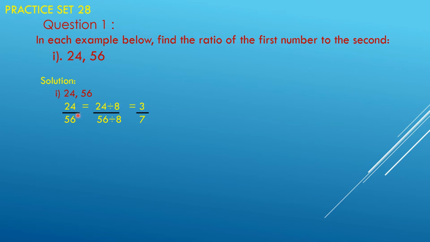You have to check which is the greatest number that divides both 24 and 56. In that case, you have to find the HCF of 24 and 56. You have already studied how to find the HCF of the given numbers.